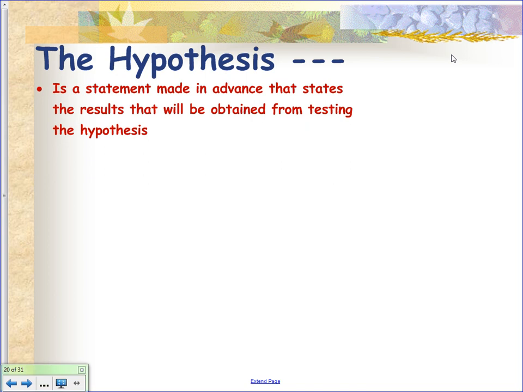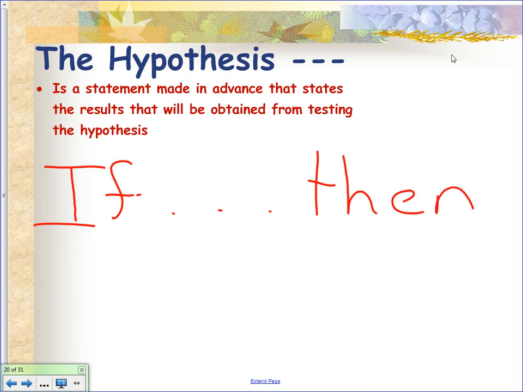A lot of students have trouble when it comes to creating a hypothesis, and this is why I would like you to follow this format. If you follow this format, which I call if-then statements, you'll have a very good logical hypothesis.